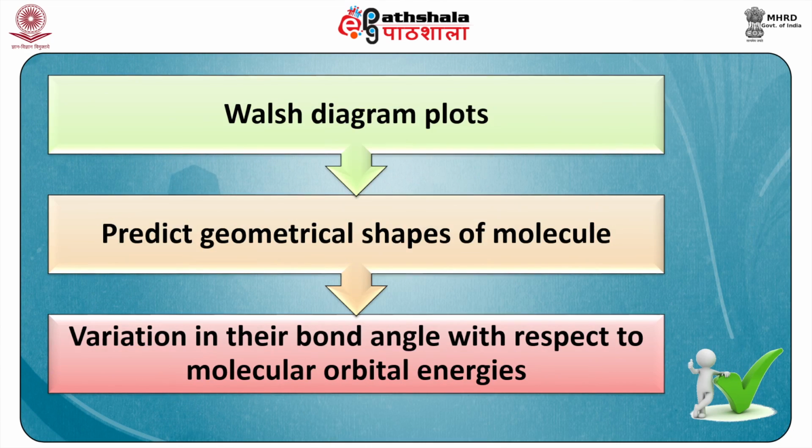The Walsh diagram plots help to predict the geometrical shapes of molecules from the variation in their bond angle with respect to the molecular orbital energies. Application of the Walsh diagram for determining the structure of various molecules.